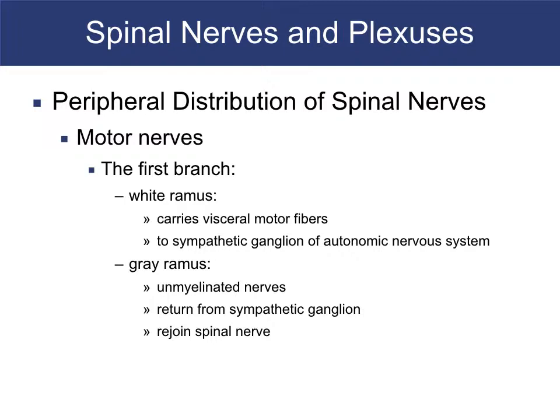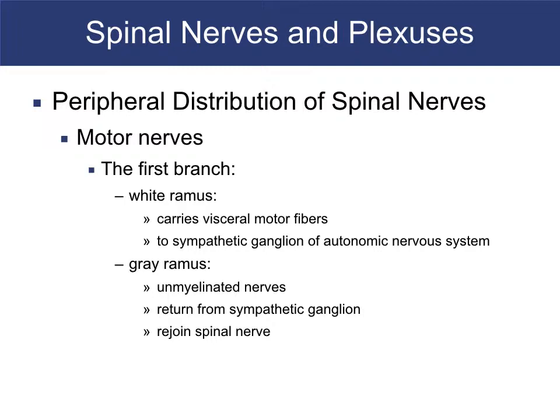The white ramus carries visceral fibers to the sympathetic ganglion. Sympathetic means sympathetic nervous system, fight or flight. The gray ramus is the one that comes back from it.